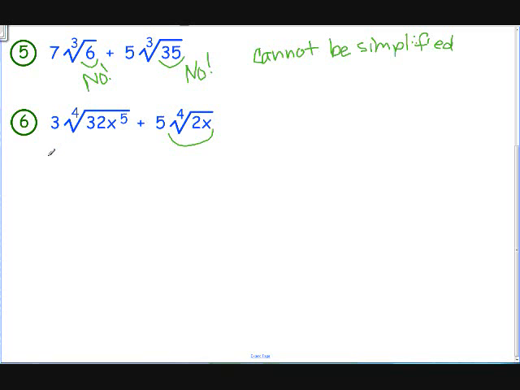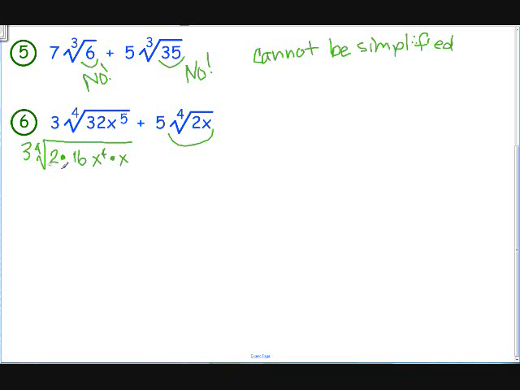So if I could somehow convert this fourth root, so I want to get this factored. I want to factor 2 out of that. So 2 times 16. Oh, this is looking very good, isn't it? 32, 2 times 16, and for this one, I'm going to say times x to the 4th times x.